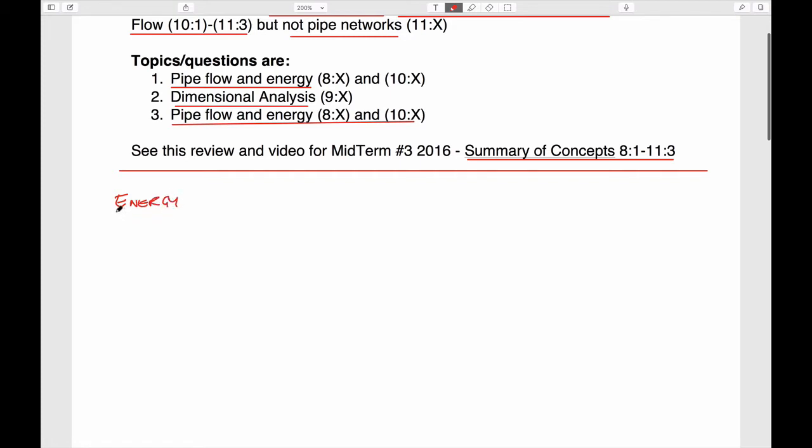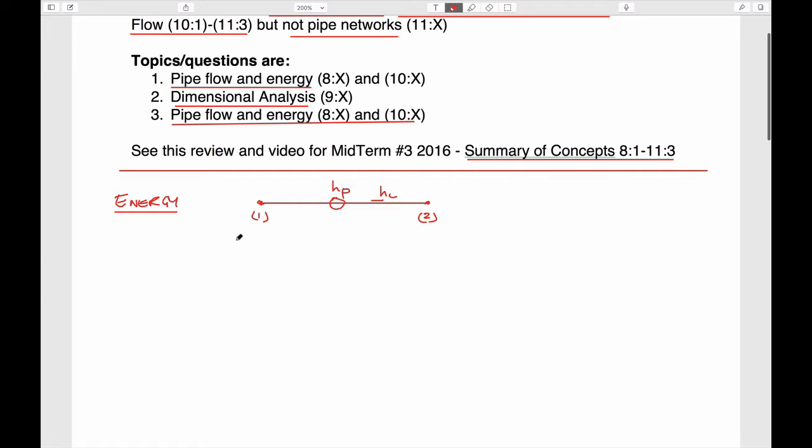So for energy, we have basically written Bernoulli's equation between an upstream and a downstream location. We have to write them upstream to downstream. We've included a pump in this, and along the way we have head losses in the system.